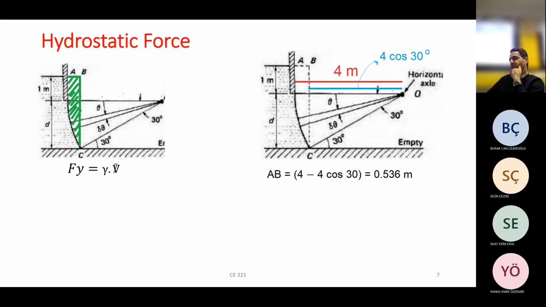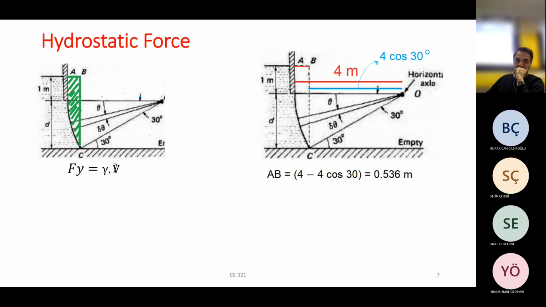Therefore, from here to here would be 4 cosine 30. I know that from here to here is 4 meters. Therefore, this distance AB equals 4 minus 4 cosine 30, which equals 0.53 meter.